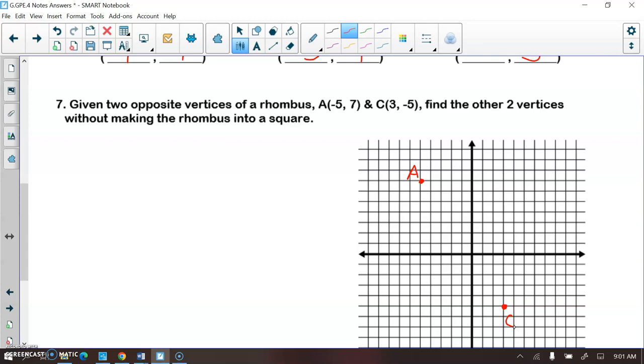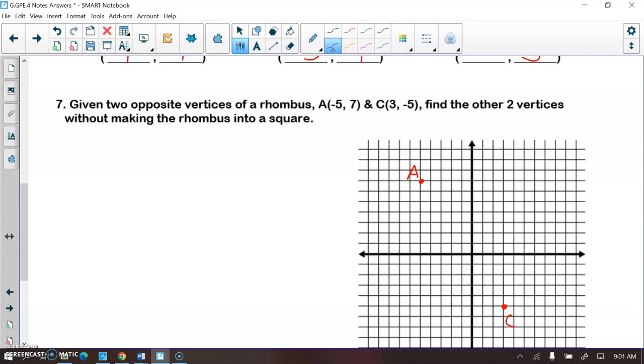And I want to find the other 2 vertices without making this rhombus into a square. Now what we do know about a rhombus is that the midpoints of the diagonals are going to be the same because diagonals of a rhombus bisect each other.